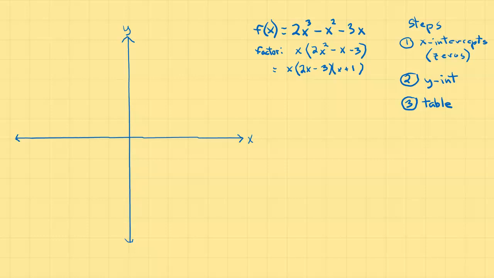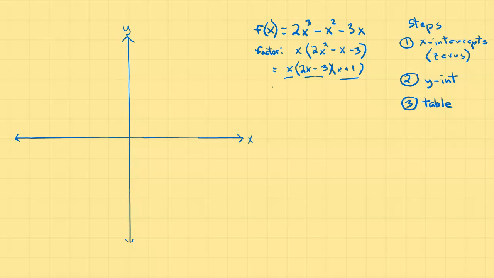Now this makes it really easy to see what the zeros or the intercepts are. We have this factor right here, and this factor right here, and this one. Those are 3 factors.